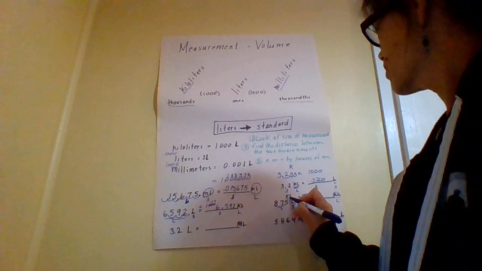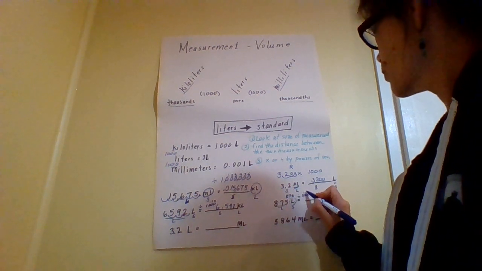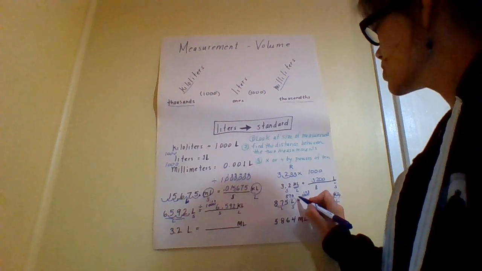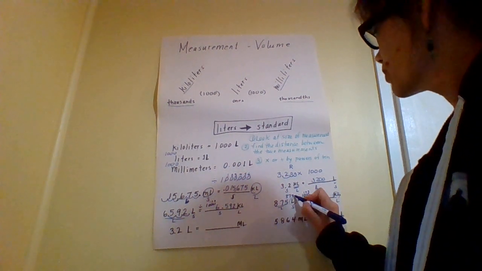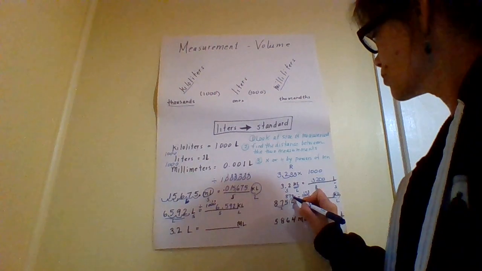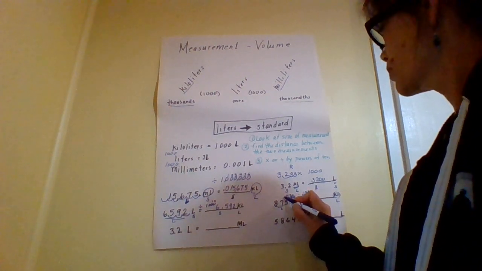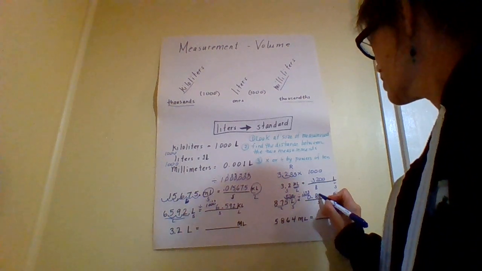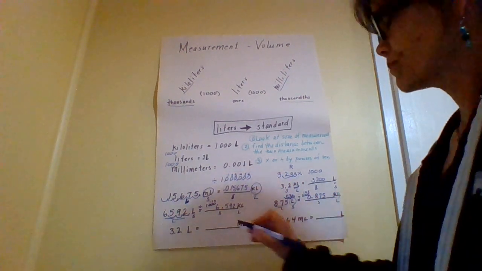And we are going to move our decimal point 1, 2, 3 spaces. To get smaller, it needs to go to the left. 1, 2, 3 spaces. So our answer is 875 thousandths.